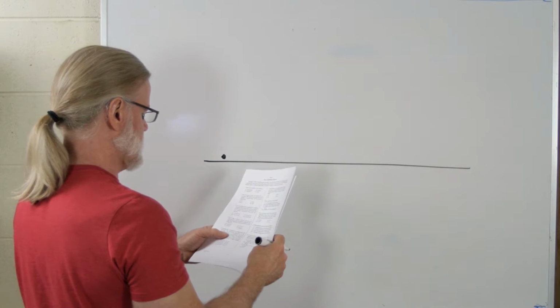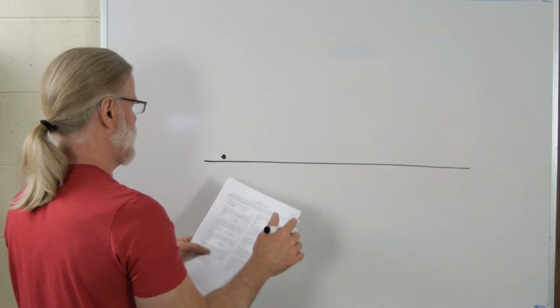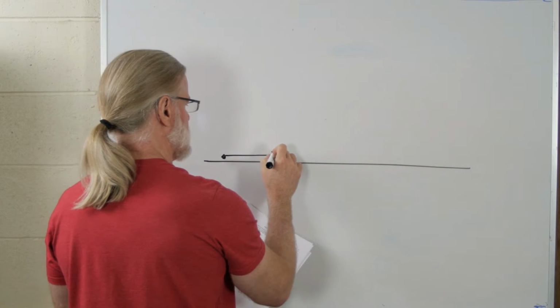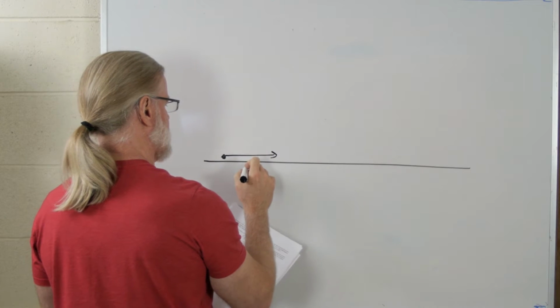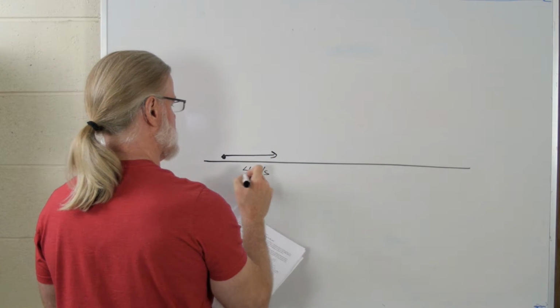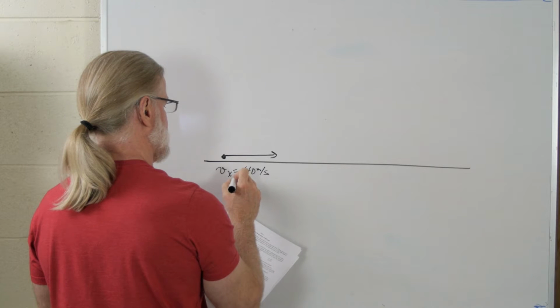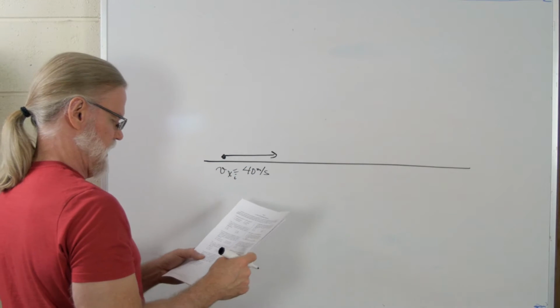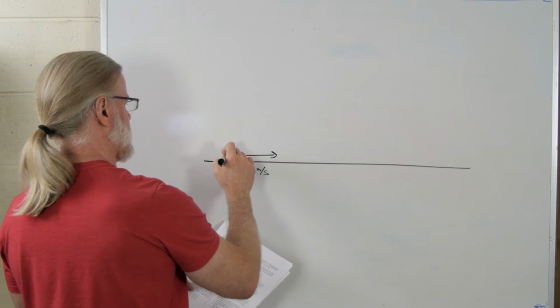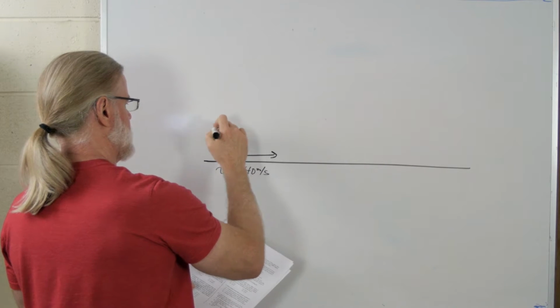It has a horizontal component of 40 meters per second. So it's going to be going that way at 40 meters per second. That's Vx initial. And in the y direction, we're going to be at 30, so a little smaller.